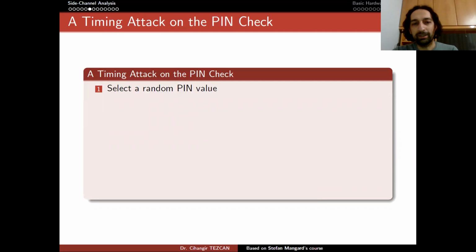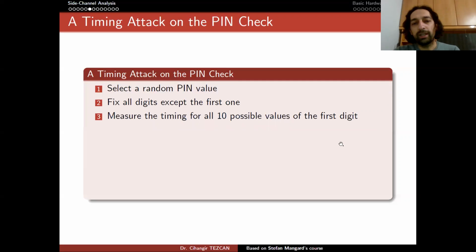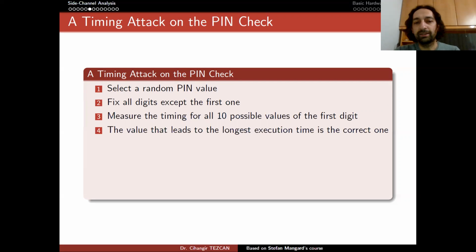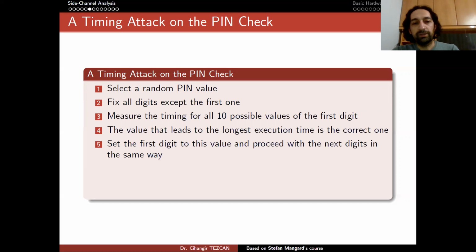A timing attack can work like this: select a random PIN value, fix all digits except the first one, and measure the timing for all 10 possible values of the first digit. The value that leads to the longest execution time is the correct one, because this means that your first digit is correct, and then the second digit is checked, which takes a longer time. So set the first digit to this value and proceed with the next digits in the same way.